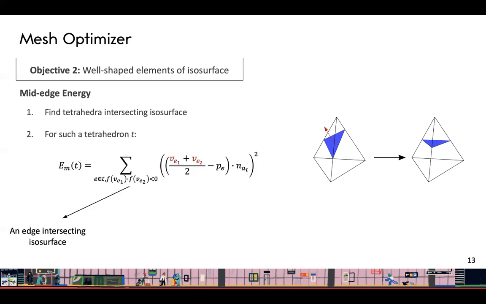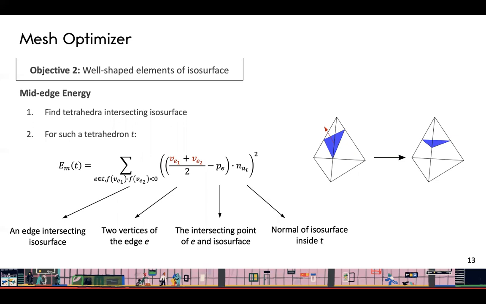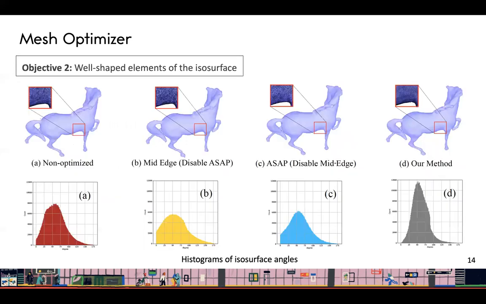For each edge E intersecting the isosurface of T, we force the vector between the midpoint of this edge and the intersecting point between E and the isosurface to be perpendicular to the normal of the isosurface inside T. The variables are VE1 and VE2 in this formula. Together with ASAP energy, it favors equilateral triangles with similar sizing.